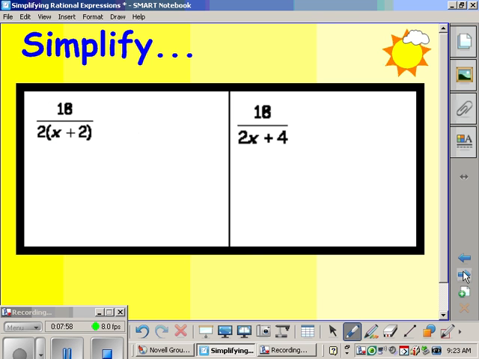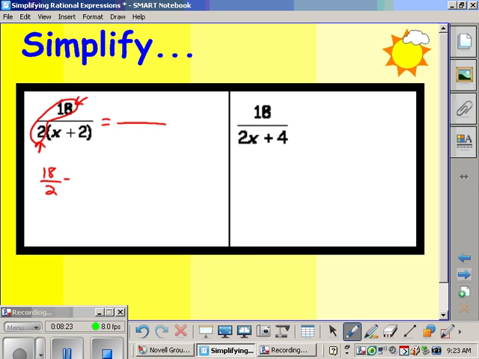Now, in this one, we're going to look at the first problem. Notice the 18 and the 2 are both monomials. So those you just divide, which gives you 9. Now, do you understand whether the 9 would go in the numerator or the denominator? If not, when you're dividing two numbers, wherever the larger of the two numbers is where the answer is going to go.